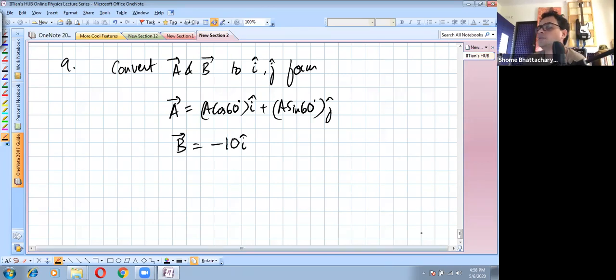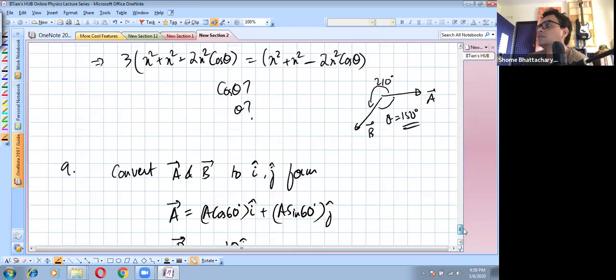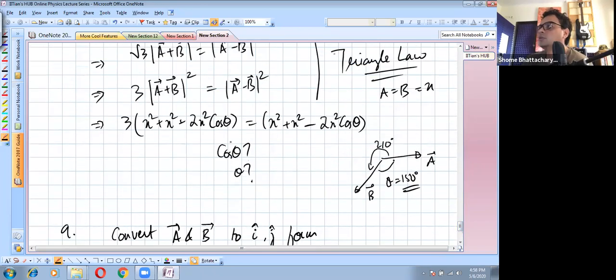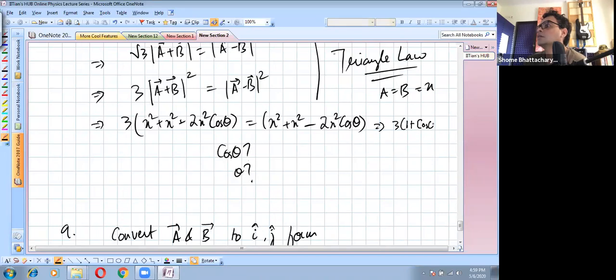Achha, Dhruv, you want to note down the previous question? Okay. I'm not saying that this is the answer you will get. That's not necessary. You have to still solve this for cos theta. You might have made some mistake while solving. See, the cancelling of x square, what we get from here? We get 3 into 1 plus cos theta is equal to 1 minus cos theta.